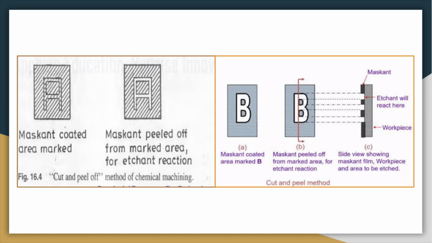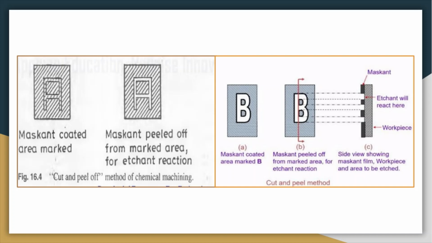The general applications of this technique are large size workpieces used in chemical industries, aircraft industries, missile industries, etc. This technique is good for batch size production as well as for products with a larger depth, more than 1.5 mm, which is to be etched.